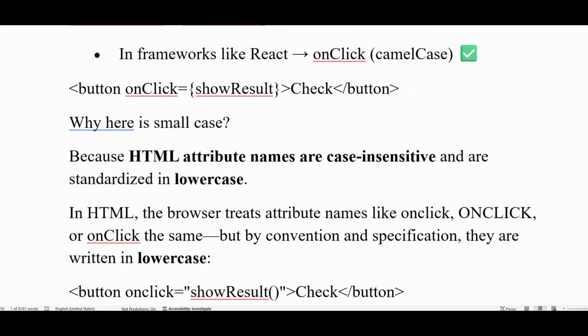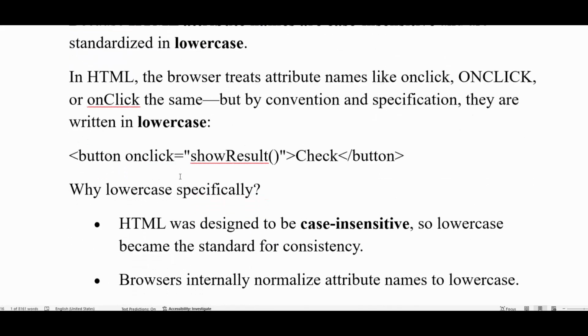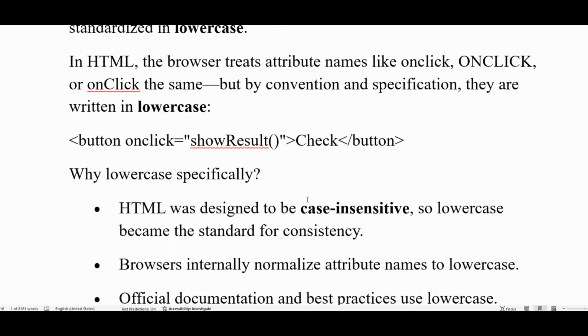Why here is it small case? Because HTML attribute names are case insensitive and are standardized in lowercase. In HTML, the browser treats attribute names like onclick, onClick or ONCLICK, whether small case, caps lock, or camel case, the same, but by convention and specification, they are written in lowercase.